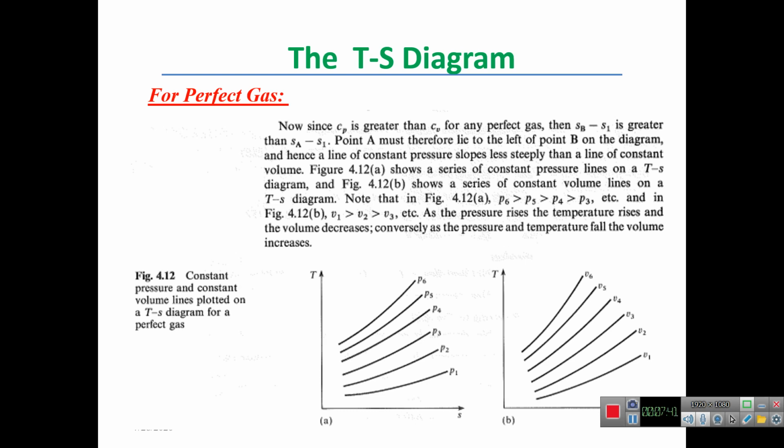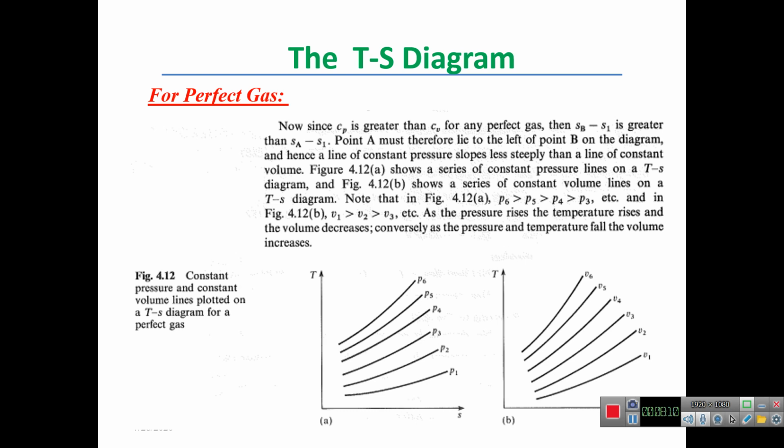Now, 4.12A shows that we need to take into account that P6 is higher than P5, which is higher than P4, which is higher than P3. This means, in this case, as the temperature increases, the pressure also increases from 1 to 6.